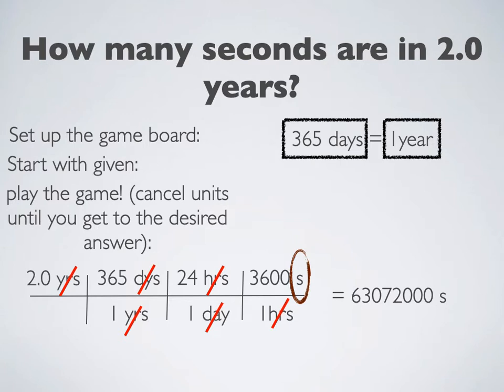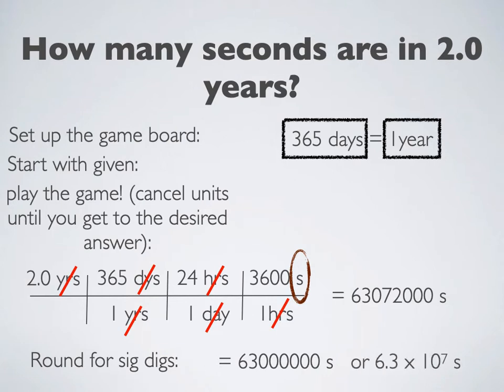If we're going to take this to be a measurement of 2 years, we got to round for 2 significant digits. When you've actually taken measurements in the lab, it's pretty obvious that you put something on a balance or used a ruler. When you're doing these practice problems out of a book, or in this case on a screen, when you should and shouldn't round for significant digits can sometimes be fuzzy. So we'll kind of continue on with that conversation.